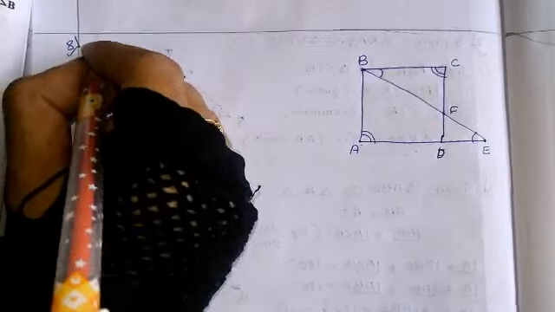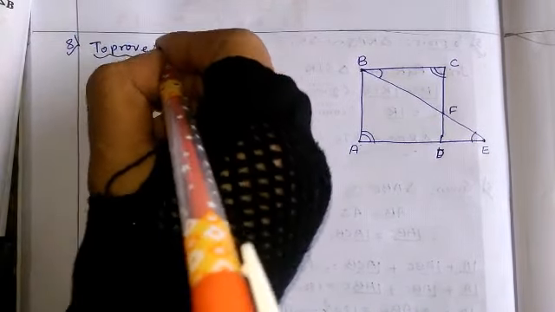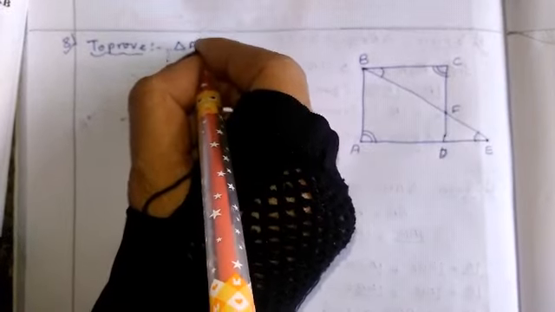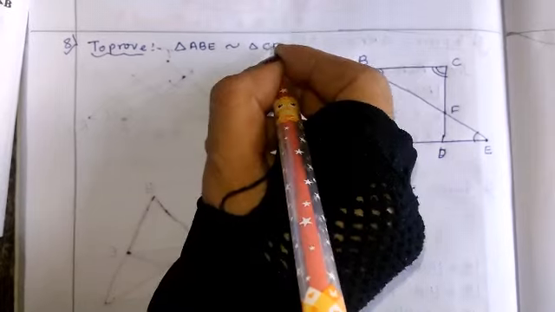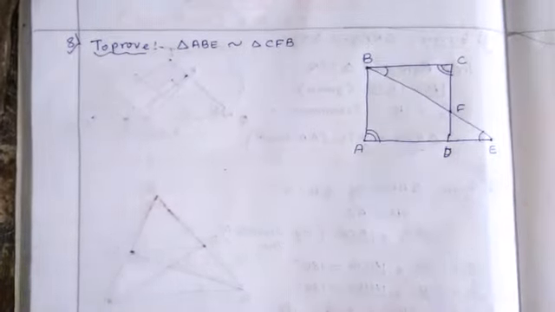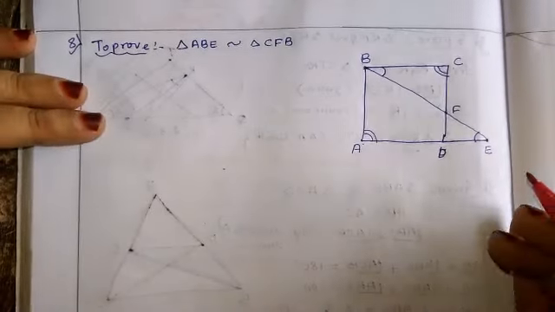Okay, what have they told us to prove? Show that triangle ABE is similar to triangle CFB. This we have to prove. Let me highlight what they have told us to prove.